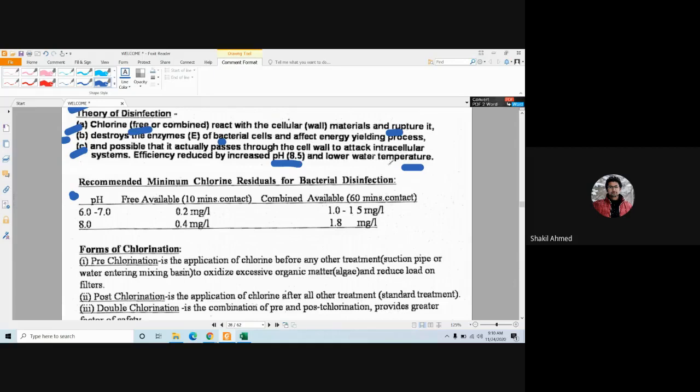Also, if you reduce the temperature, your disinfection process is better. Are you following me? So overall, disinfection efficiency increases with increased pH and with decreased temperature.